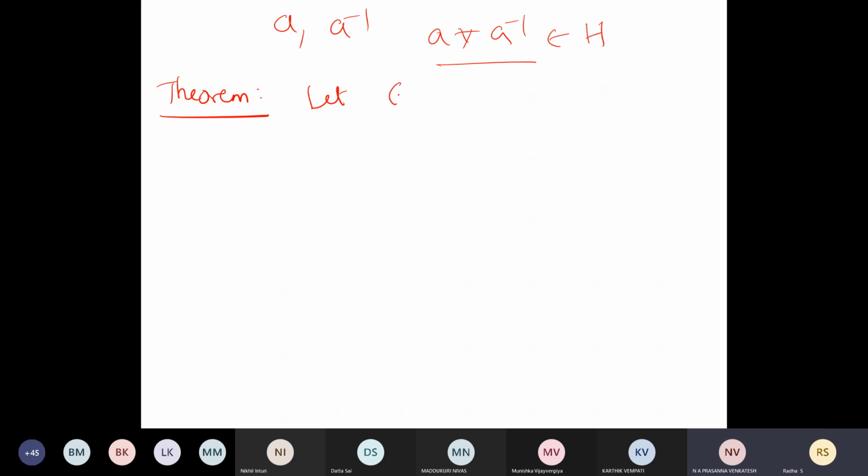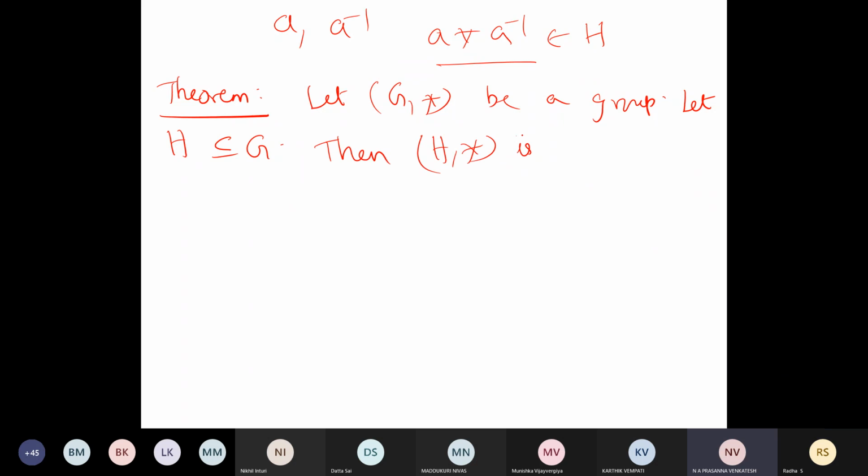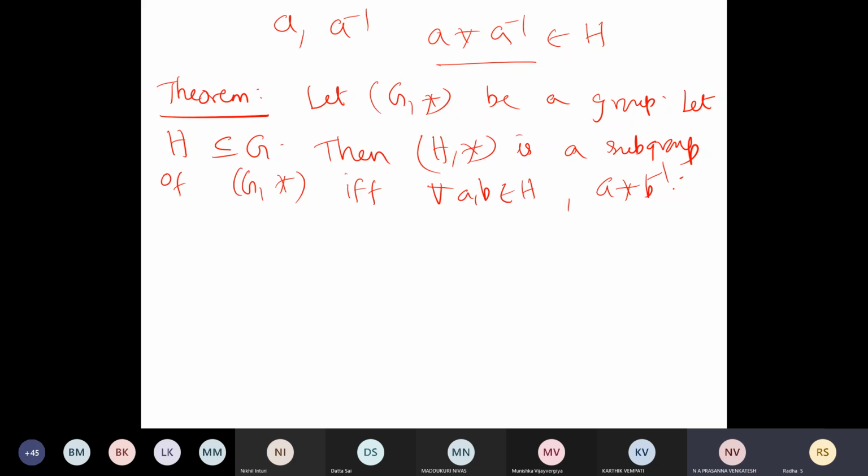Let (G, *) be a group. Let H be contained in G. Then (H, *) is a subgroup of (G, *) if and only if for all a, b in H, a * b inverse belongs to H. Can you see here?